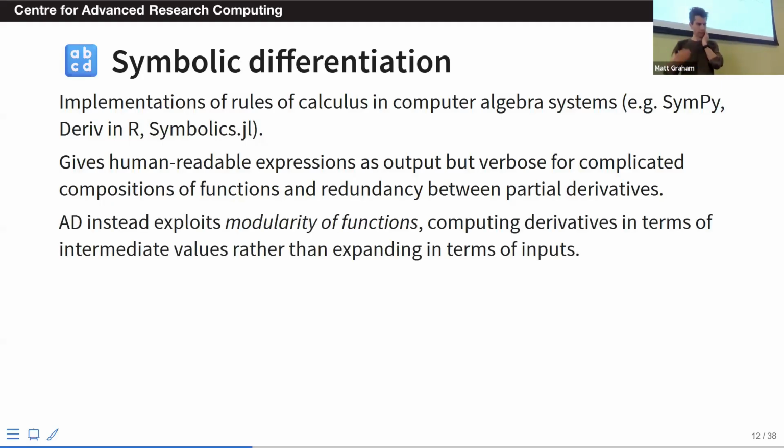And how it does this is basically by using what we usually think of when we're working with functions on a computer: that we want to modularize them. We're not just expressing a function as one big long function where we do all of the operations in a single line. We're splitting it up into intermediate computations, possibly calling out to other functions. And we're computing the derivatives in terms of those intermediate values rather than expressing everything as some big expression graph deriving from the inputs.